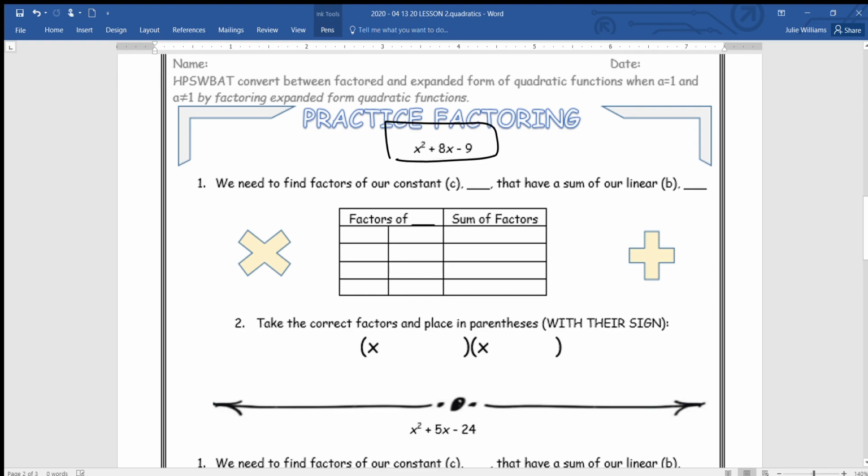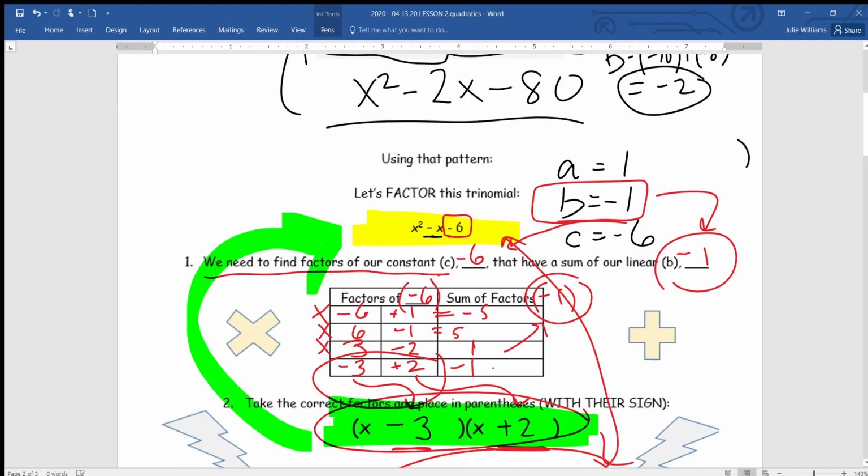Okay, so let's look at this one. So here's my trinomial, my quadratic. And again, I have to find factors of my C value. So let's always identify. So A is 1. B in this case is 8. Okay, that's the sum. That's where we have to find the sum. And then C is -9, and that's where we have to find the multiplication, the product.